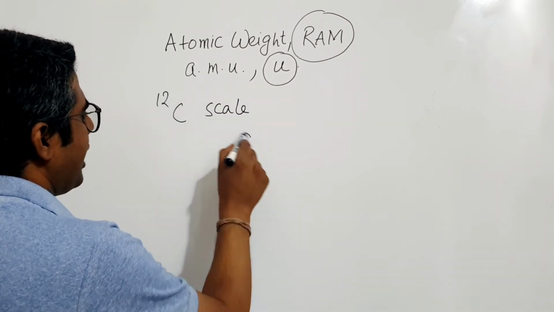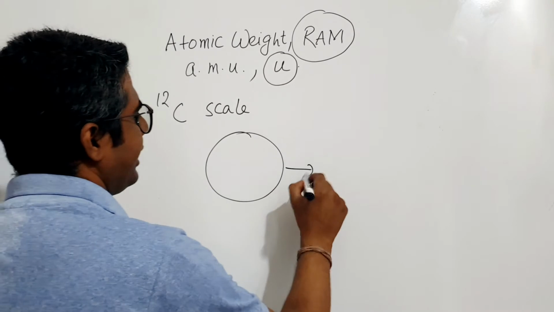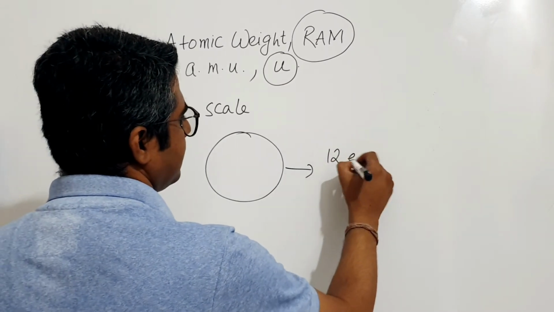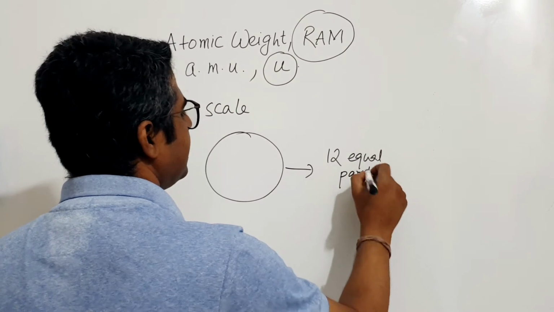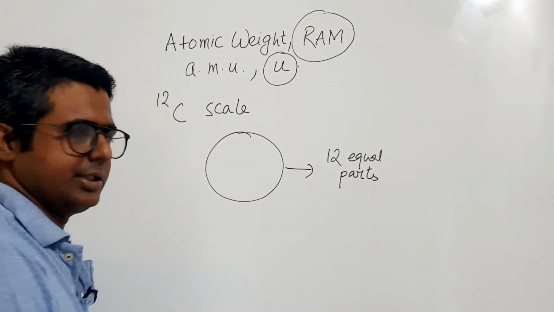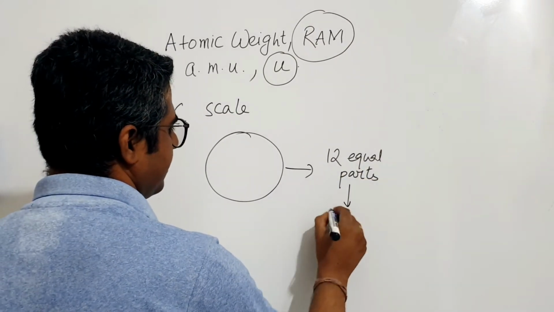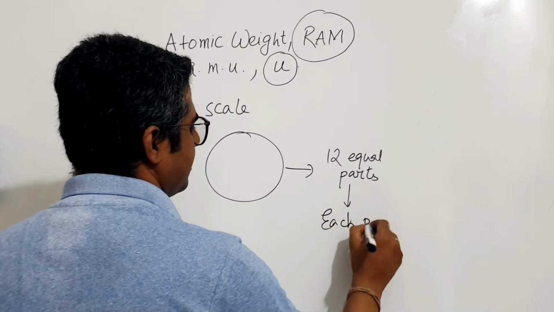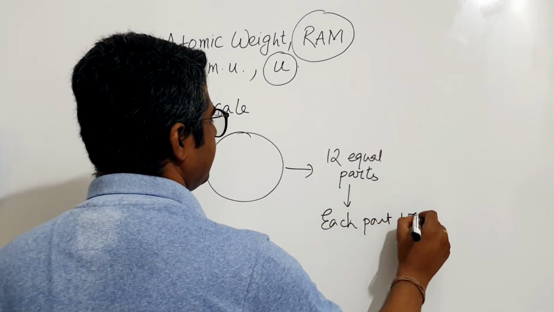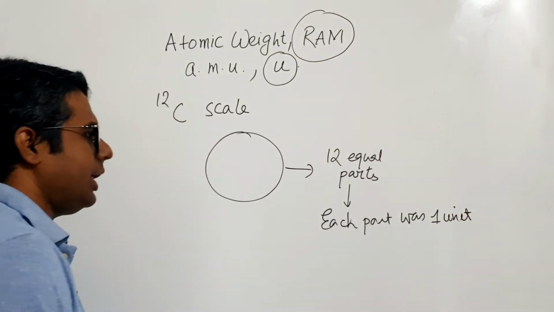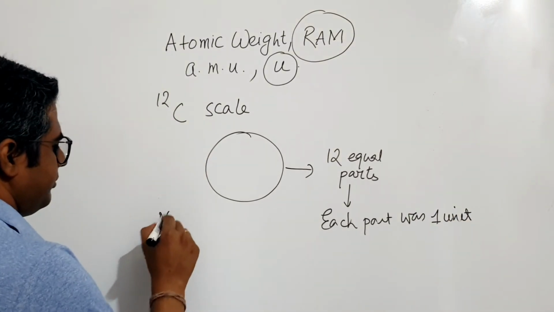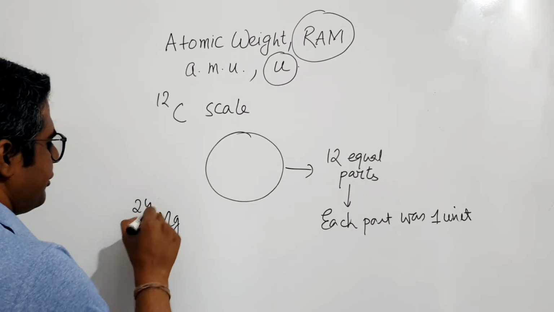So, they took a carbon atom like this, divided into 12 equal parts. So, 12 units were produced, right, and each part was 1 unit. So, whenever I am talking about, say, magnesium, which is 24.